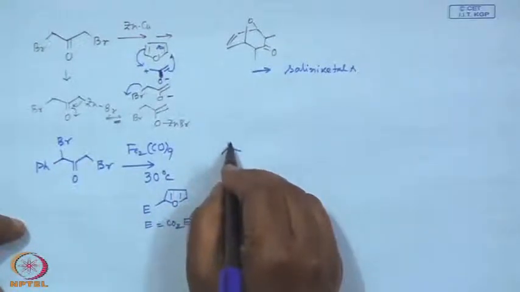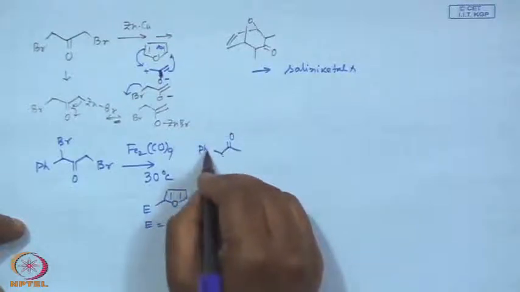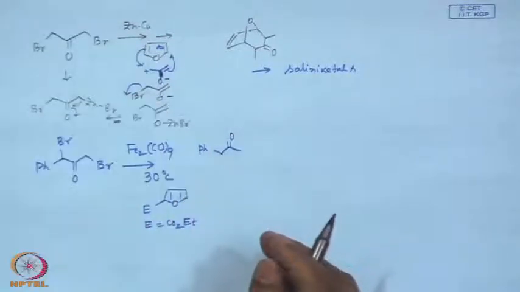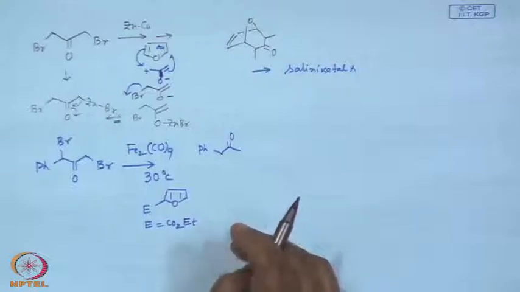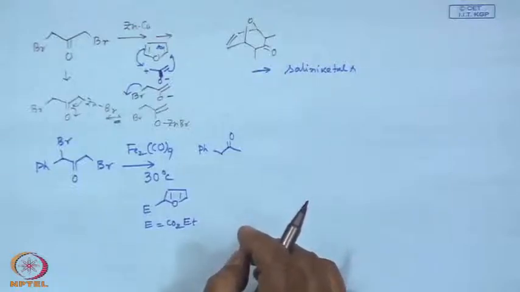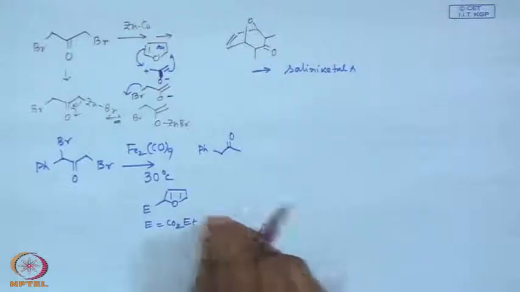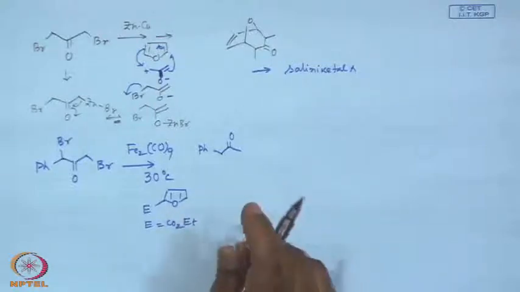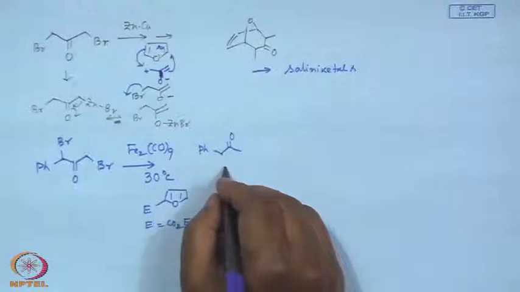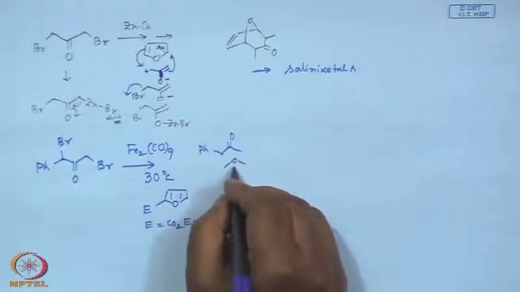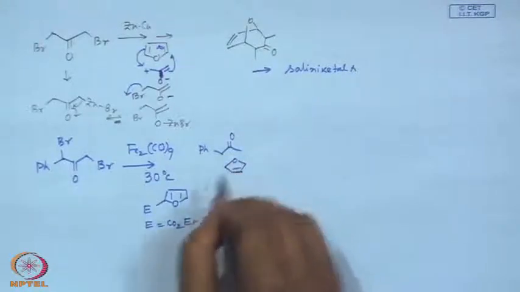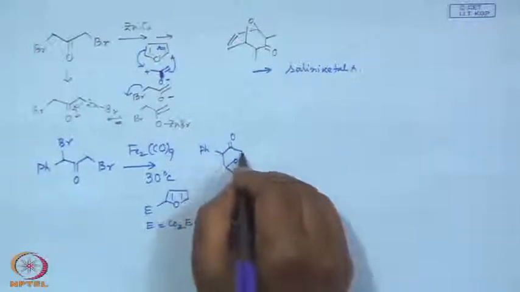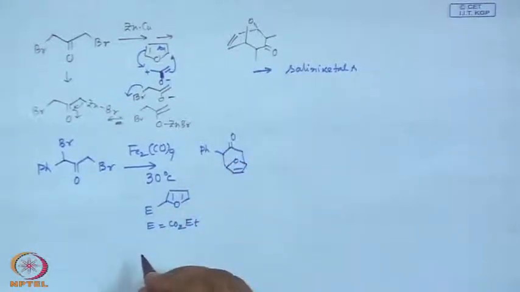So, that means you will have a ketone here. Basically all these reactions are equivalent to reactions of acetone at the alpha and alpha prime positions, as a plus and minus, that is it. And so, furan here, the double bond now moves, and these furan ends are connected to these acetone alpha prime ends.